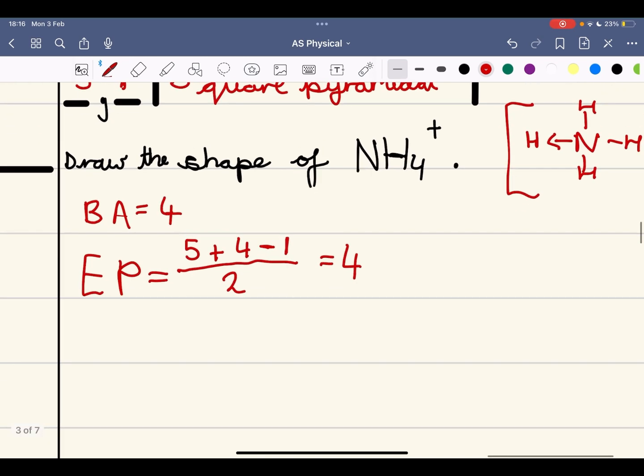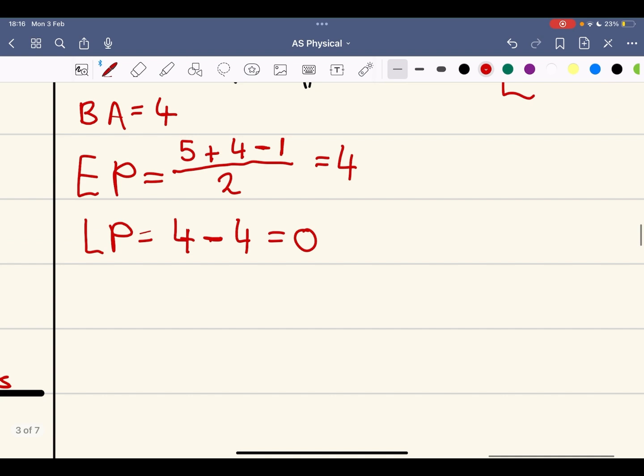And then, so our total number of electron pairs is 4, but if we want to find out the number of lone pairs, we do 4 minus the number of bonds, which is 4, and we get 0. So for BA and LP, we get 4, 0.